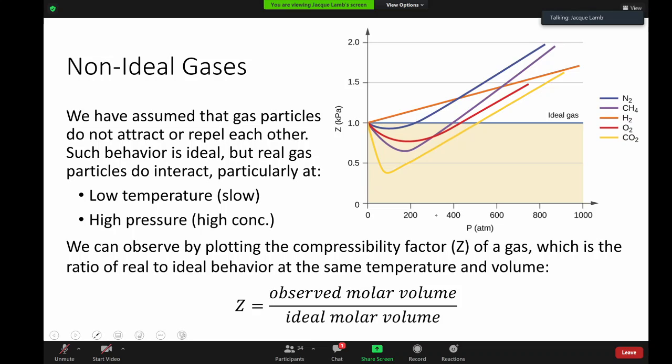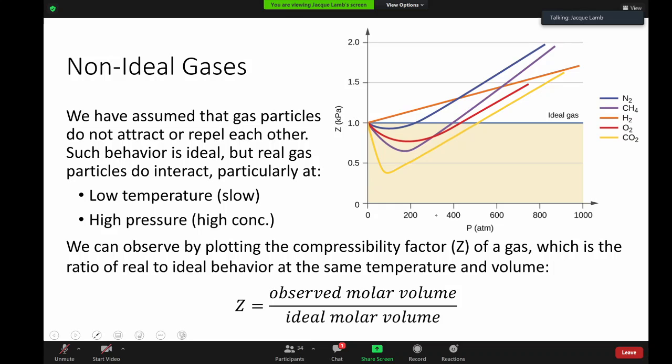It is true that gases will not interact with each other if they can't find each other, if they are very far apart, or if they're moving so quickly that they don't have time to interact with each other.